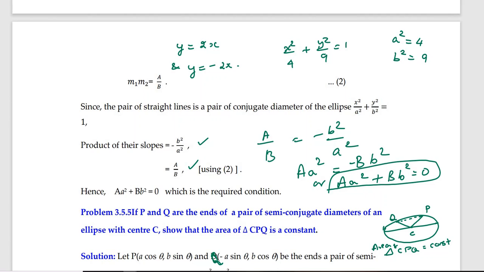Now question now is, can we have these two lines? These two lines are obviously lines passing through the origin. Now the slope of this is m1 and slope of this is m2. Product of the slopes is minus 4. And here minus of b square by a square, when you compute, it is minus 9 by 4.